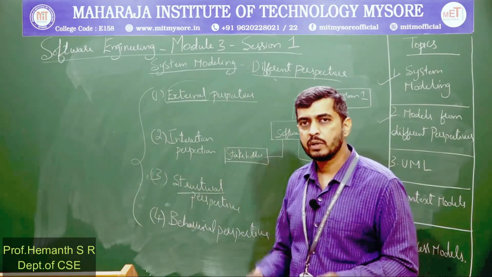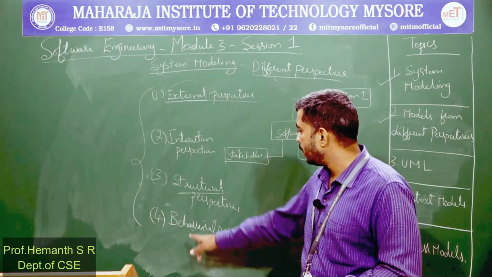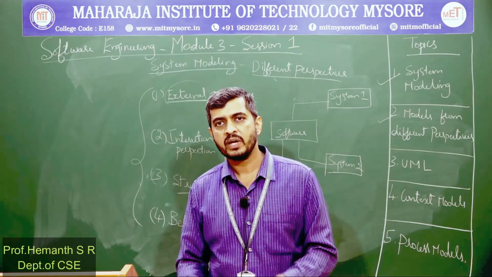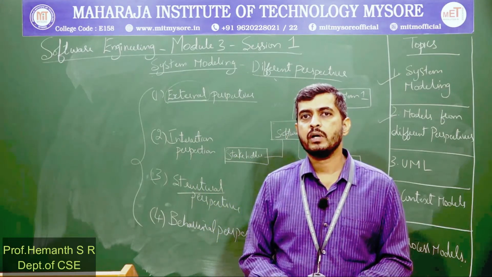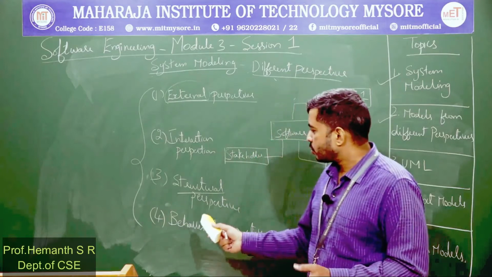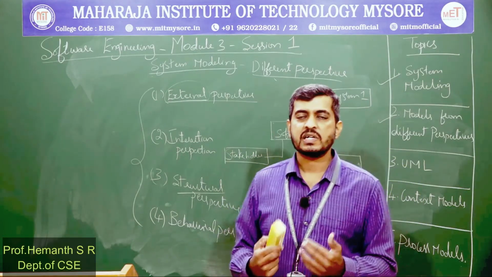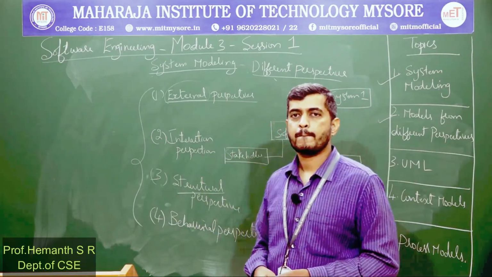Structural perspective focuses on the parts and components in the software. Behavioral perspective focuses on how my software behaves for different events, inputs, and interrupts. With this emphasis, we present our design in system modeling.